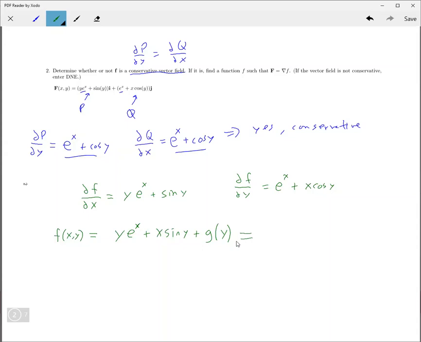Okay, that's what we get from here. From this one here, you take the antiderivative with respect to y. So this is y e to the x, and then this one's going to be x sine y. And then this could have a function in x.